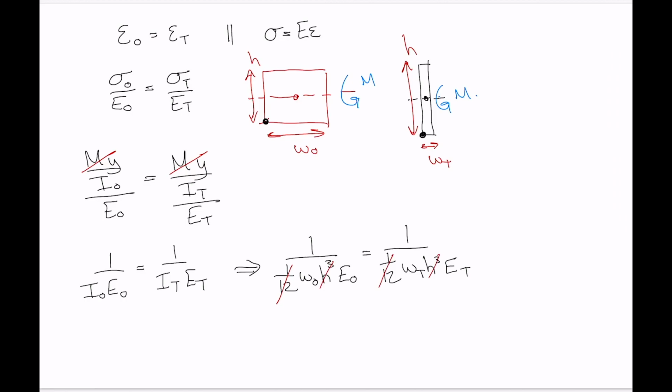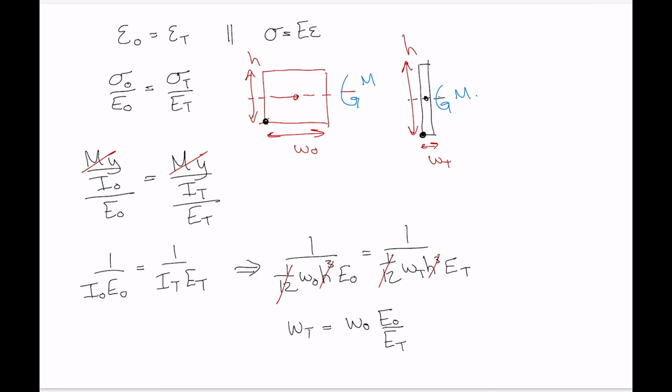So what we've got now is an equation that tells us how big the transformed material needs to be so it will deform equivalently to the untransformed material.